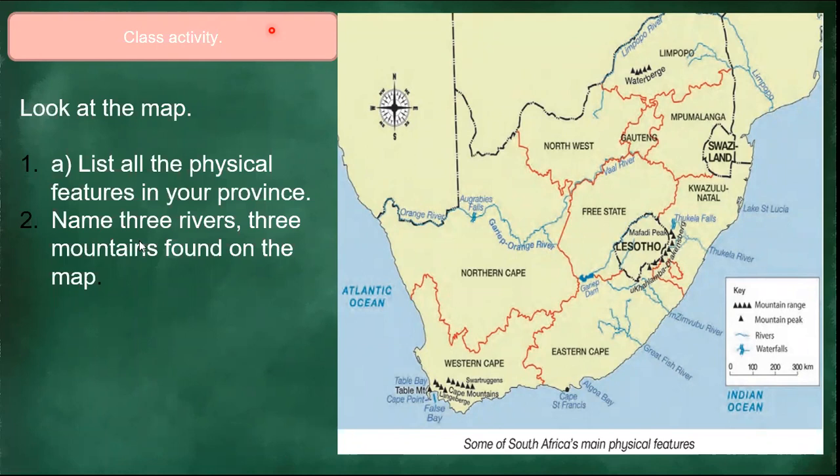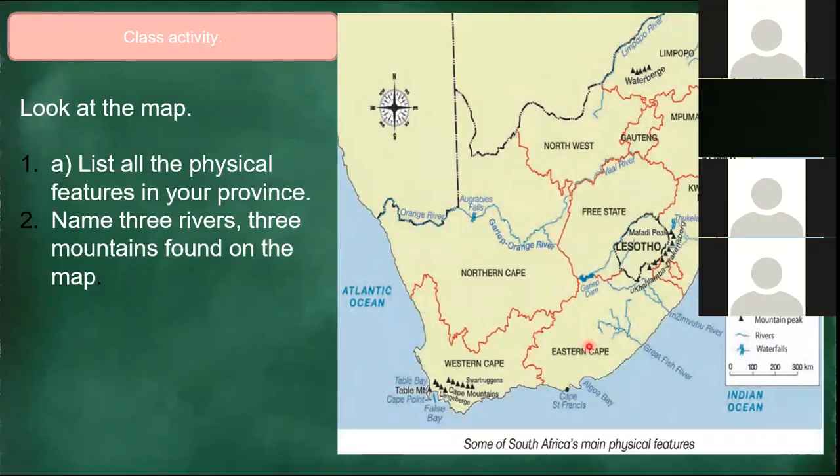Okay, Eastern Cape, we have the Great Fish River, yes? Any province, you can name the rivers that you see in any province on the map. I'm still looking, ma'am.